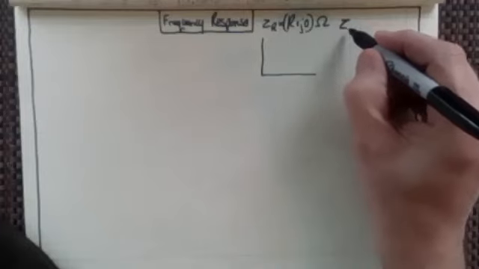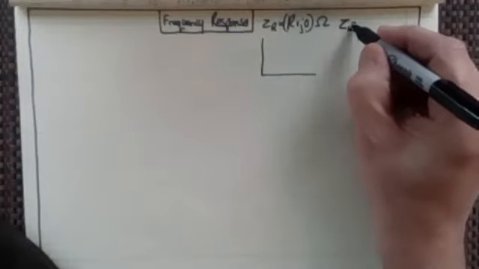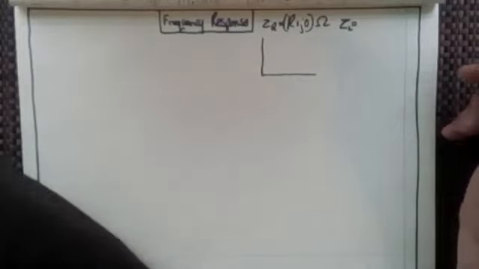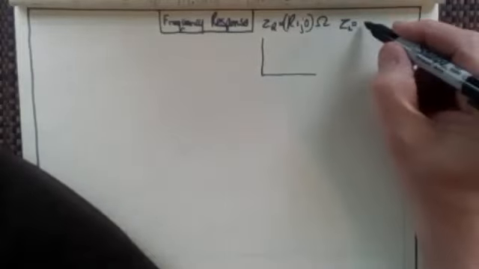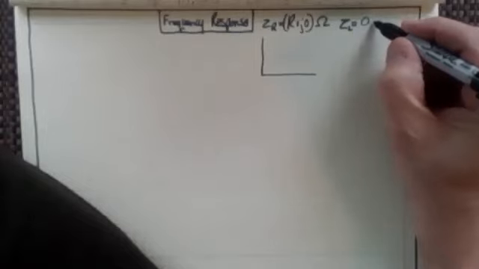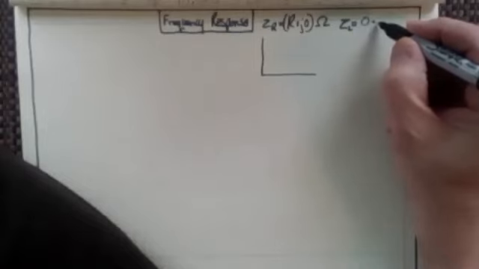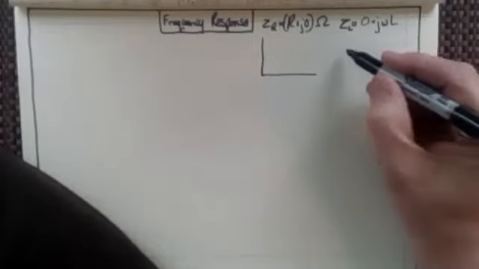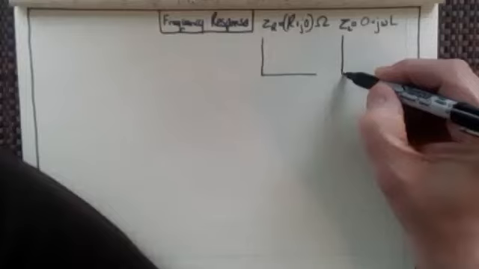In fact, just as a counterweight to that, I'm going to write down the impedance of an inductor. And that, of course, would be 0 plus j omega L. And so what would the frequency response for an inductor be?